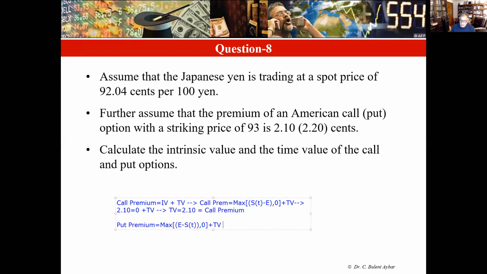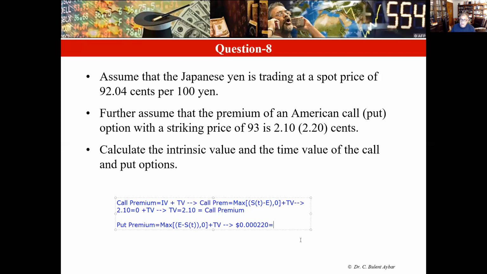In this particular case, the situation is a little bit different because we have $2.20 of option premium, or 2.20 cents per 100, or we can actually write this down as $0.00220.